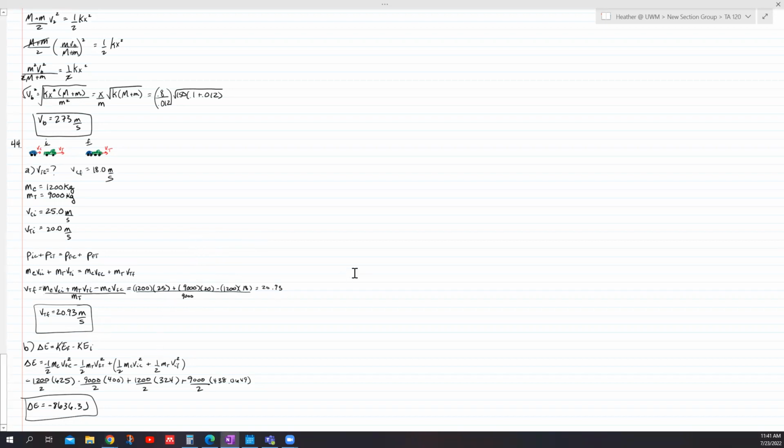Plugging in what we know, because we have almost all of these values other than the final velocity of the truck, and we get 20.93 meters per second. That is wrong. It should be 20.9 meters per second. My apologies.